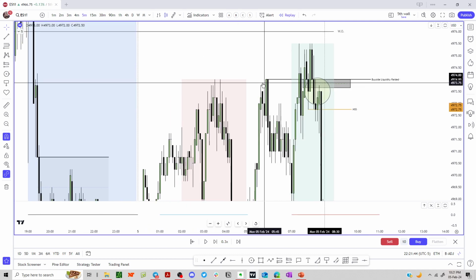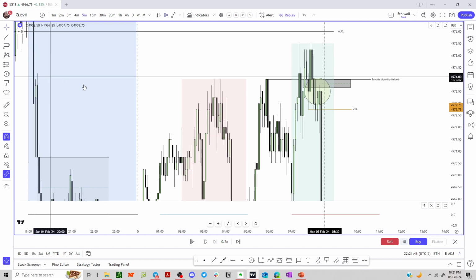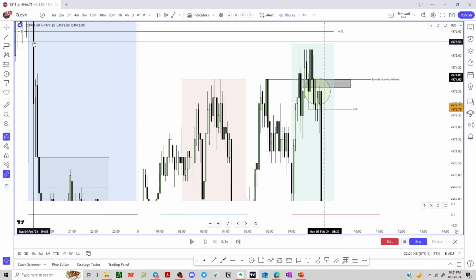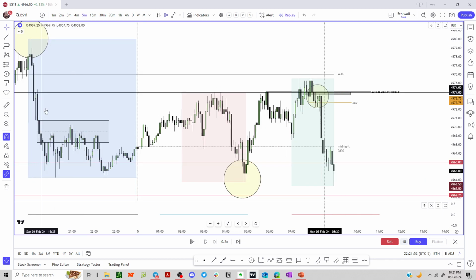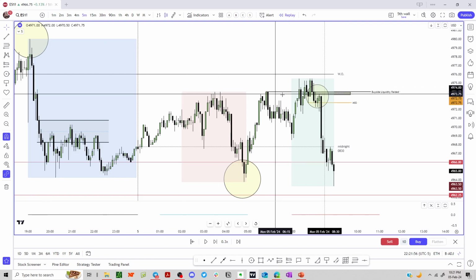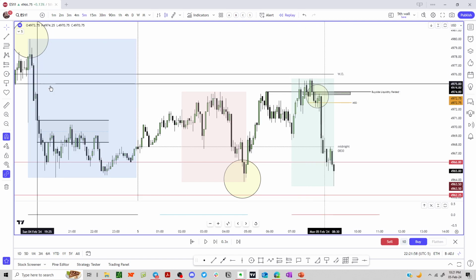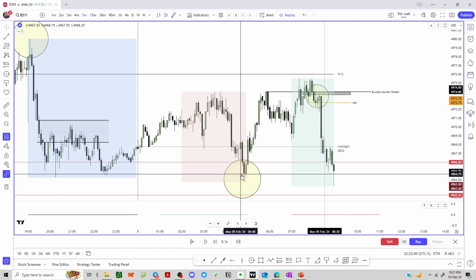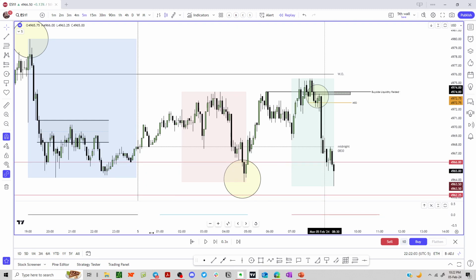You can say swing high, you can say this is external liquidity, and if you look at the larger price range here, the Asia session, then this is external liquidity. So it traded into external liquidity, and then it traded back into internal here, and then external again outside of this range, right?